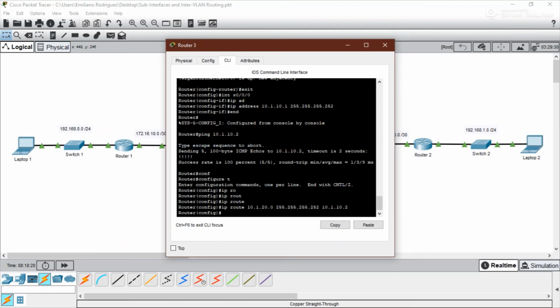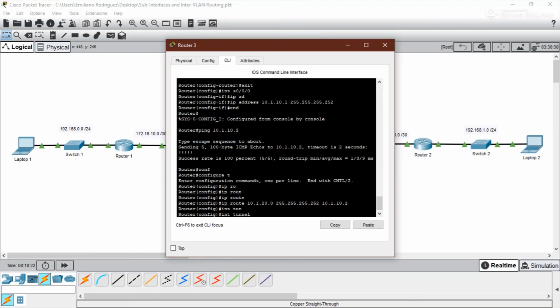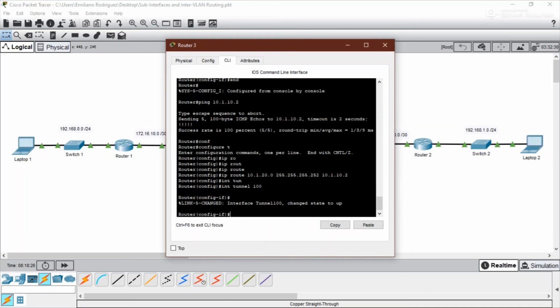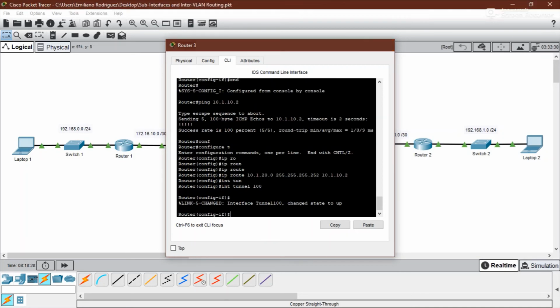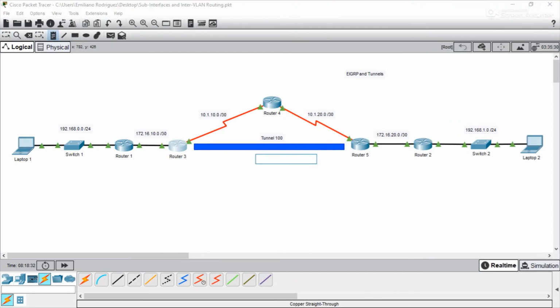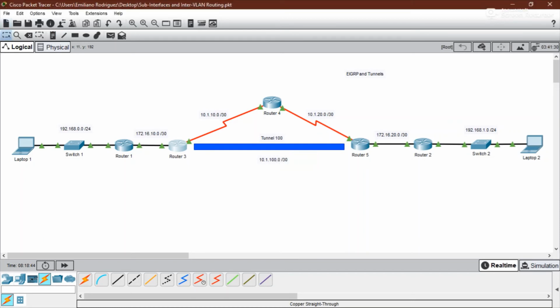Router 3, interface tunnel 100. IP 10.1.100.0/30.